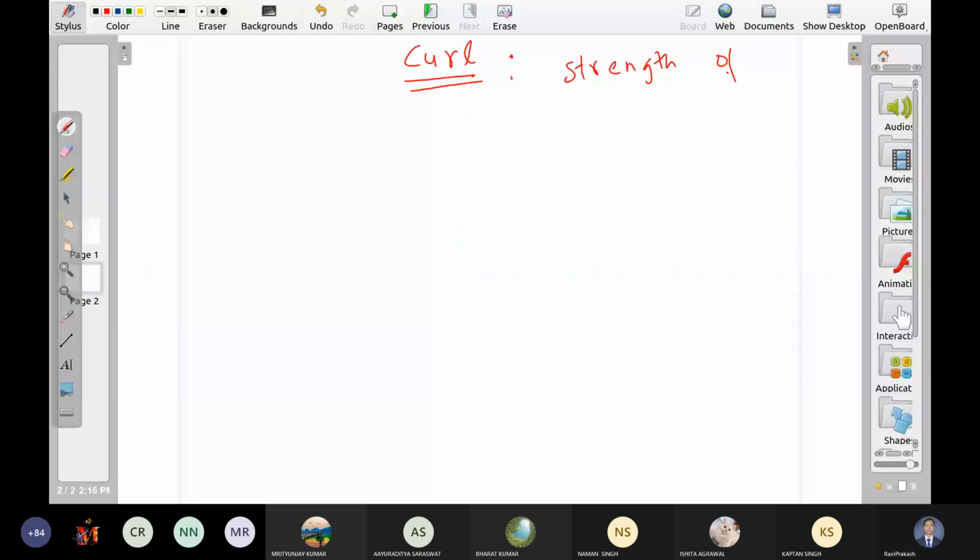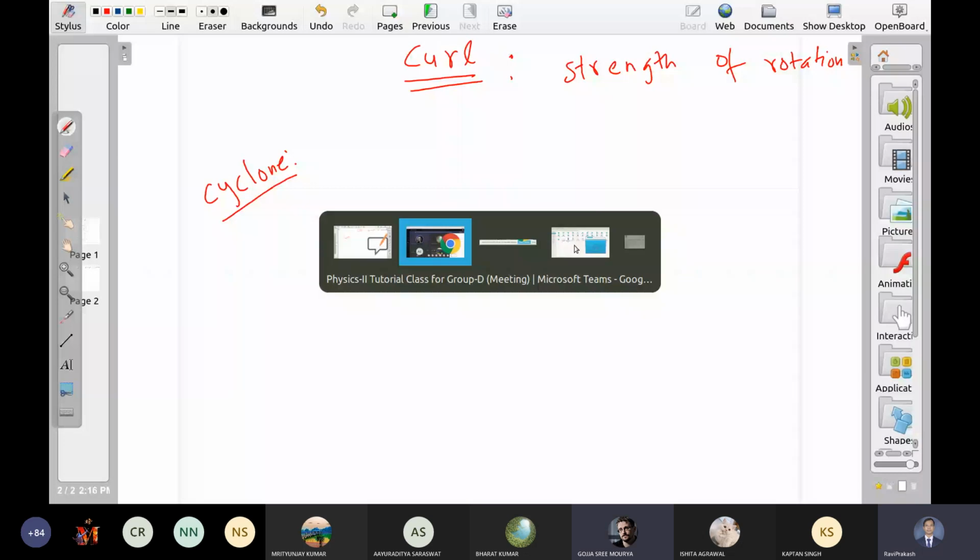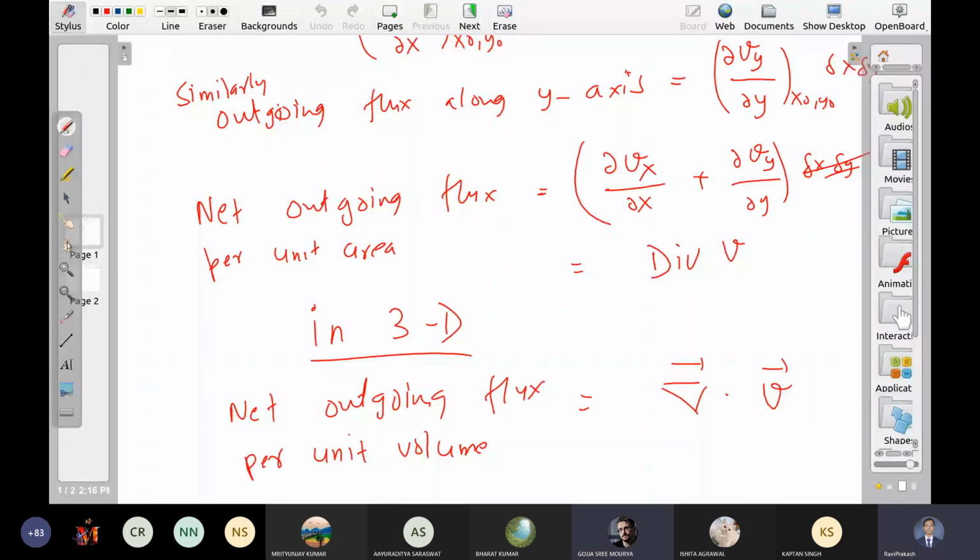Let us say we have some cyclone. Cyclone means? Sir, why are those delta x and delta y terms coming? Just a minute. What are you talking about? Delta x, delta y. Yes, sir.